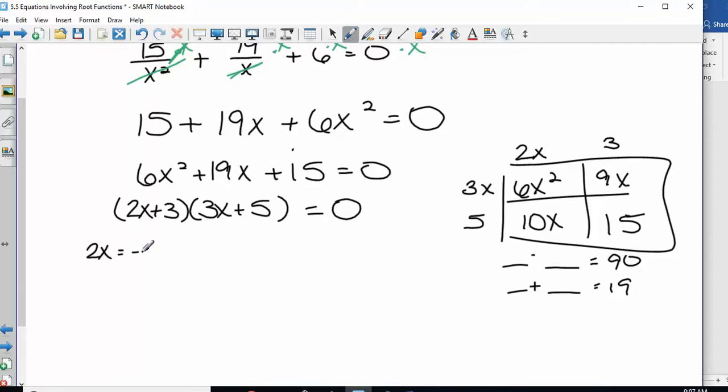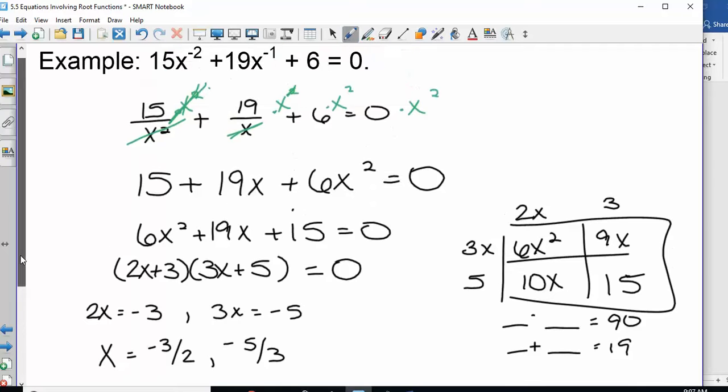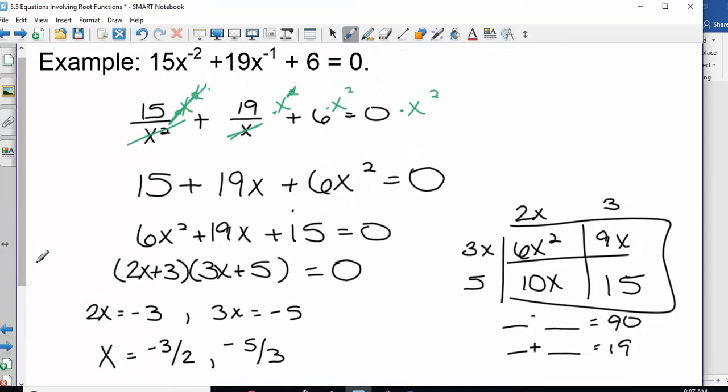Okay, so if we set those equal to 0, we get a negative 3 over 2 and negative 5. Again, these should work, but why don't we check them, just for fun. Use your calculator, that's the easiest option.